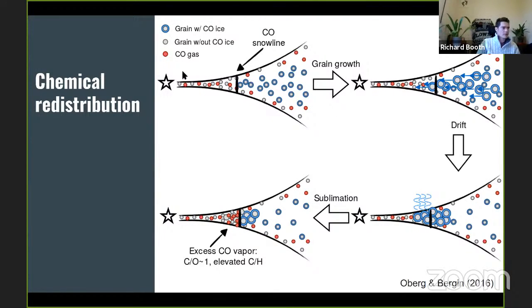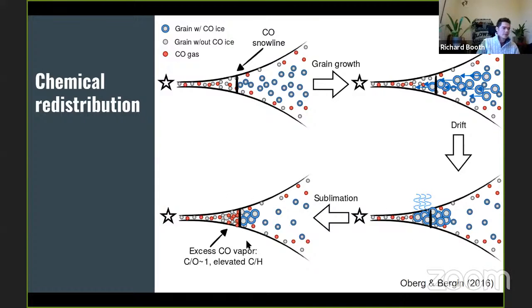So we have this picture, for example, of a CO snow line, and inside that snow line, CO is in the gas phase, and on the outside, it's frozen onto the grain surfaces. So the first thing that happens is these grains grow until they reach large enough sizes that they begin to decouple from the gas and drift in. As they drift in, they're going to cross the snow line. And as they cross the snow line, they then sublimate, releasing CO gas into the disk.